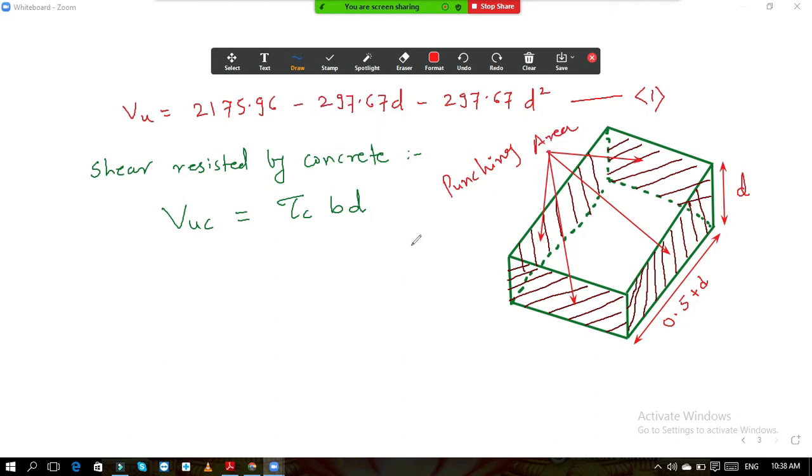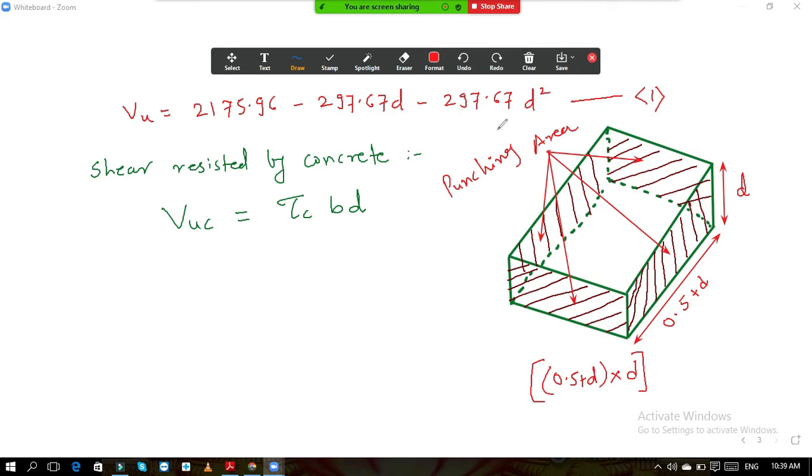Okay. Now if I talk about the single area, let us do a rough calculation over here. So if I talk about the single area, how much is it? So see, this is the rectangle. It is 0.5 plus D, this dimension. Depth is D. So its area will be 0.5 plus D into D. This is the area for a single rectangle.